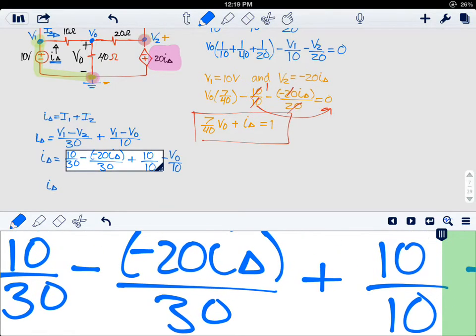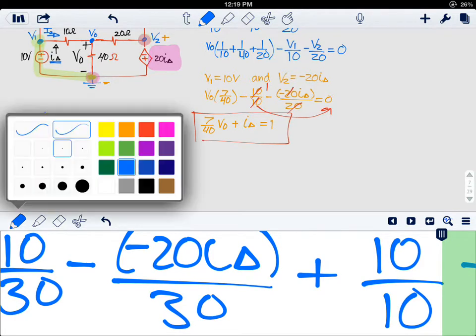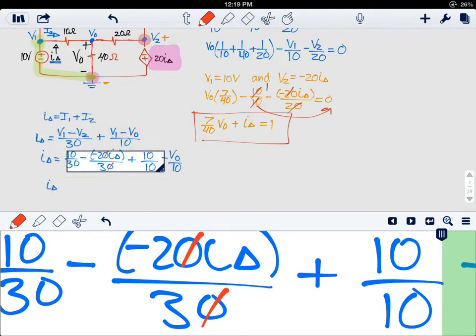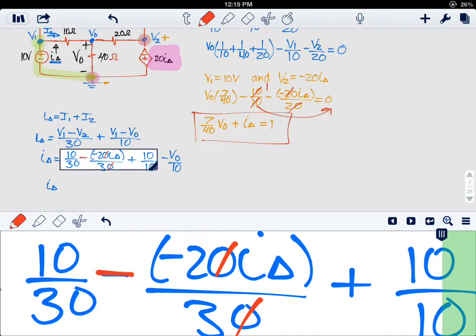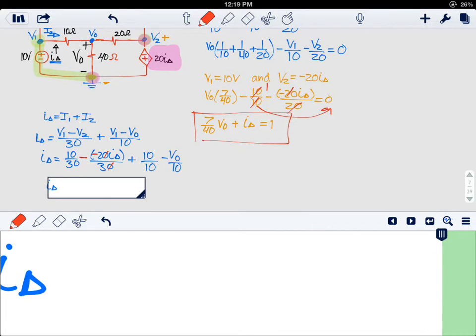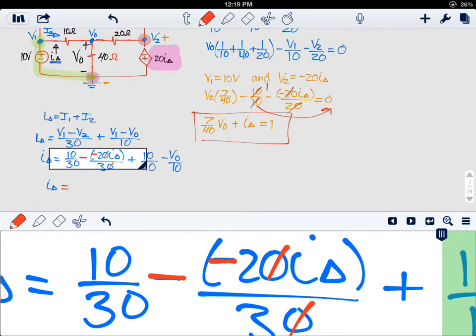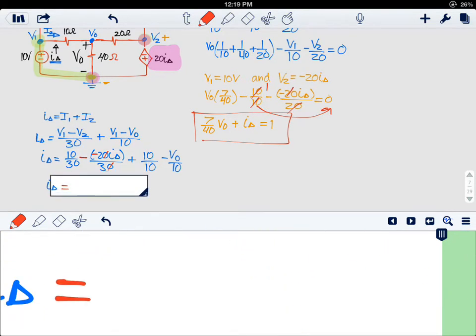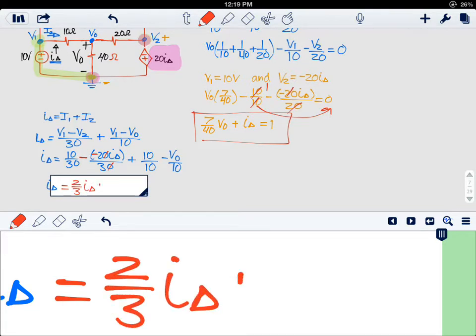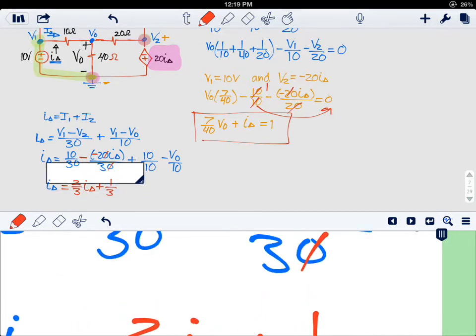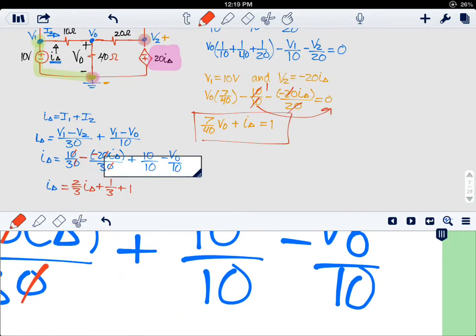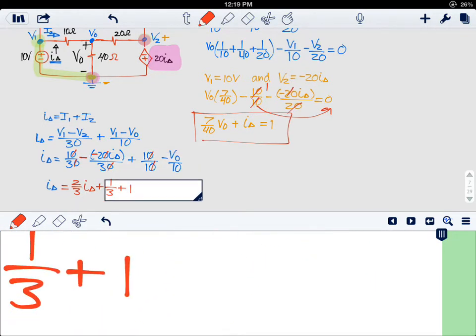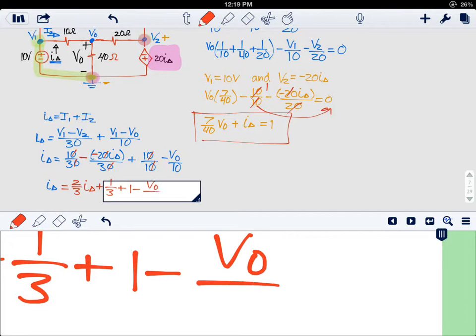First, we could simplify this, and minus is plus. So we have 2/3 I delta plus 1/3 from here plus 1 from here minus VO over 10.